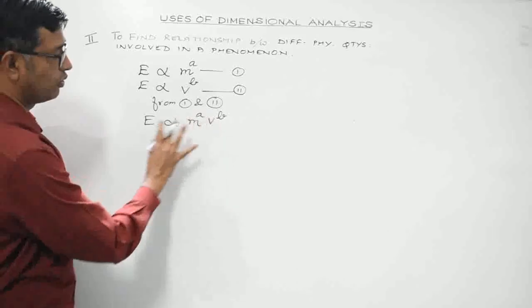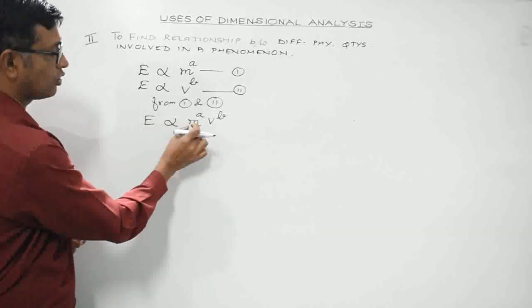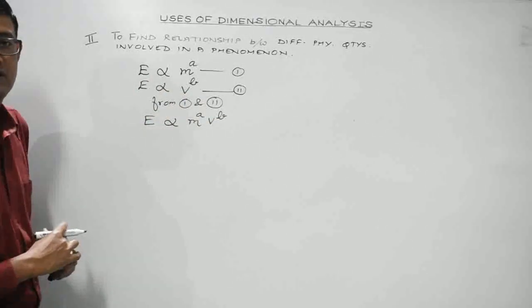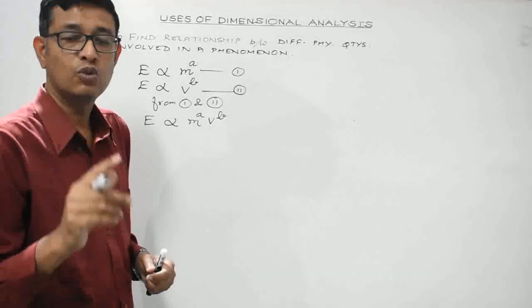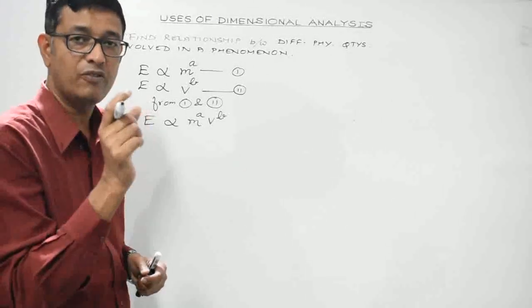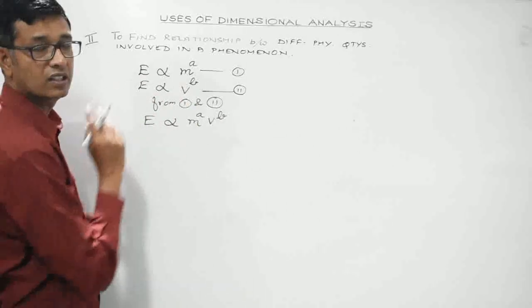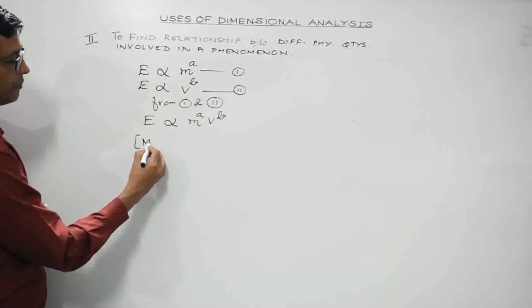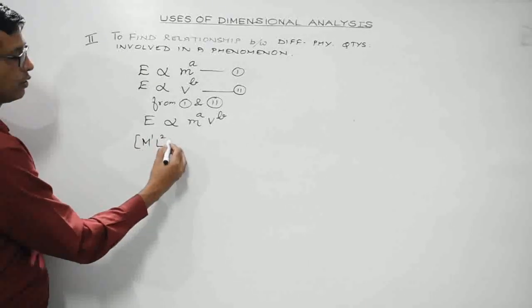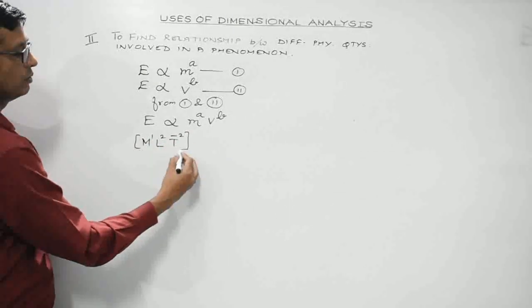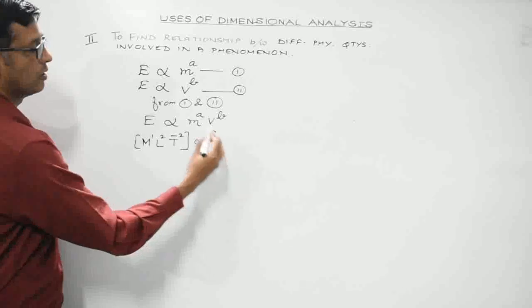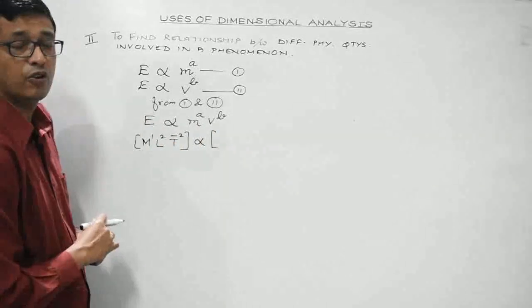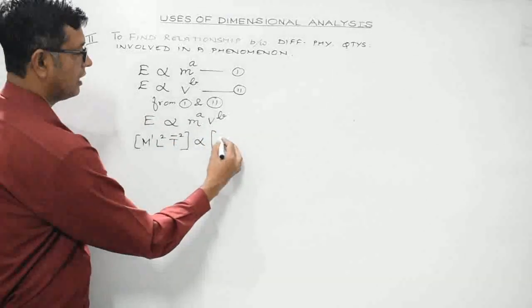Anyway, now what we need to do is substitute the dimensions of each and every physical quantity. Next step would be to substitute the dimensional formula of each and every physical quantity. What is the dimensional formula for energy? It is M^1 L^2 T^-2, proportional to. What is the dimensional formula for mass? It is M.